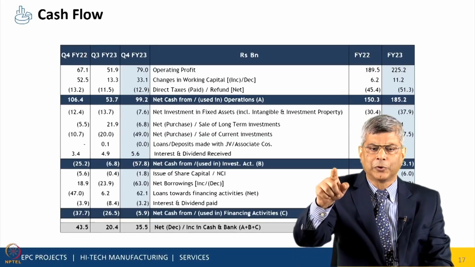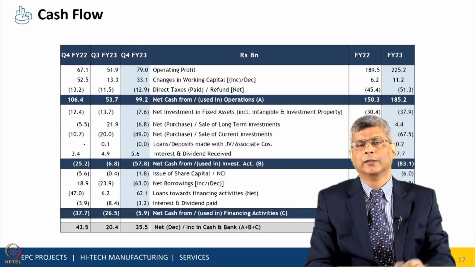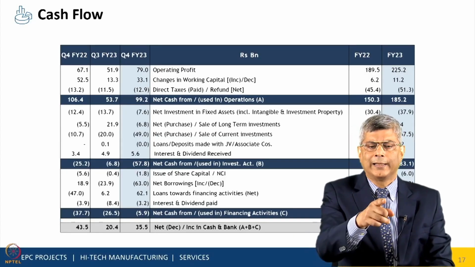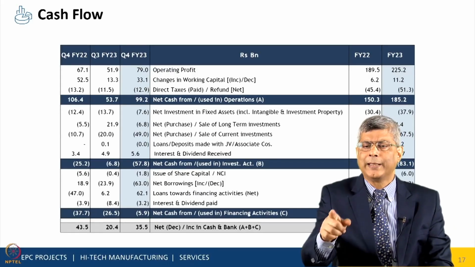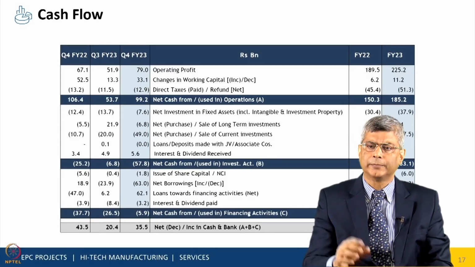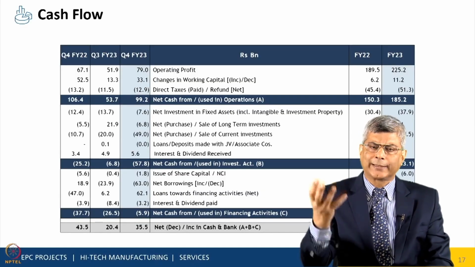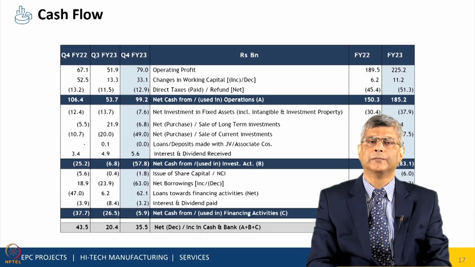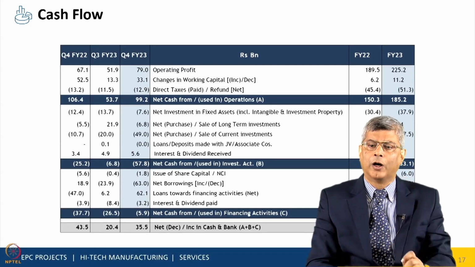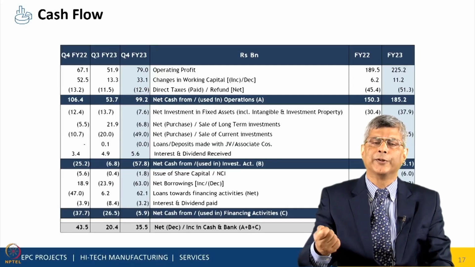But in this case, if you go all the way down, and without getting into all the different ways, you'll see that the net decrease or increase in cash and bank balance is 28.9, which means that they have got extra cash in 2023 fiscal year of 28.9 billion rupees, which is about 2,800 crores.